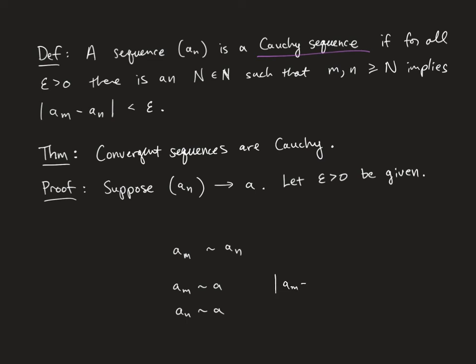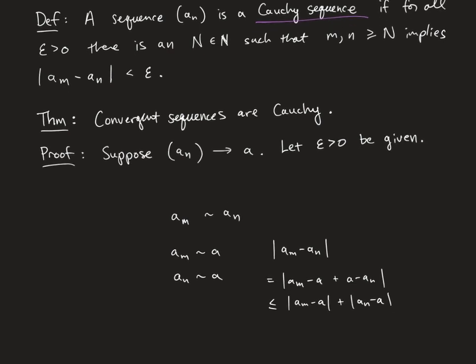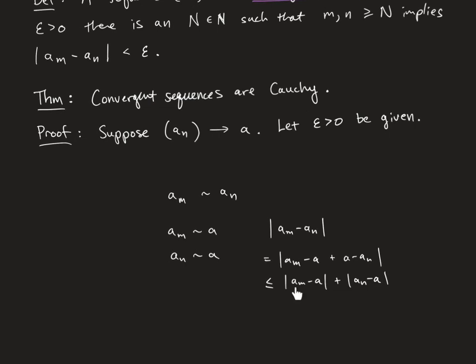So for a_m minus a_n, I can just insert an A in there. This will be a_m minus A plus A minus a_n. That's less than or equal to the sum of the absolute values, since I have the sum of two things. And I can make each of these as small as I want.